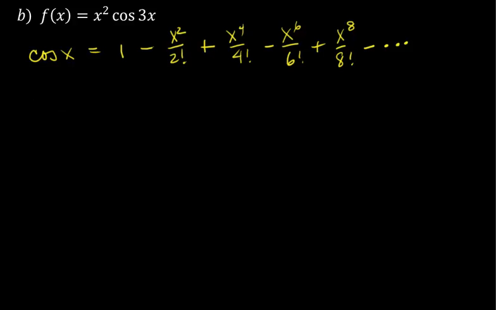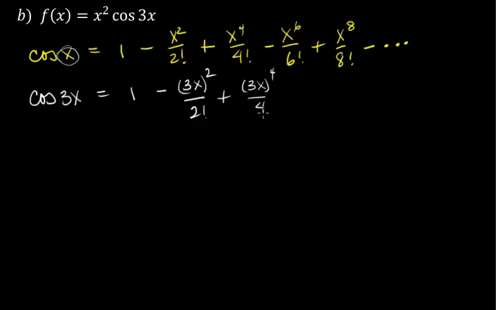All right, well there's cosine x. So cosine 3x, well, we plug 3x into cosine. We're going to plug 3x in for x everywhere in the series. So the cosine of 3x is 1 minus, now it's 3x, I'll go ahead and put it in parentheses, and then we're going to have to take them off, plus 3x to the 4th over 4 factorial minus 3x to the 6th.